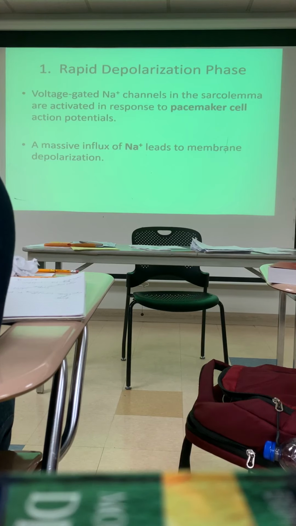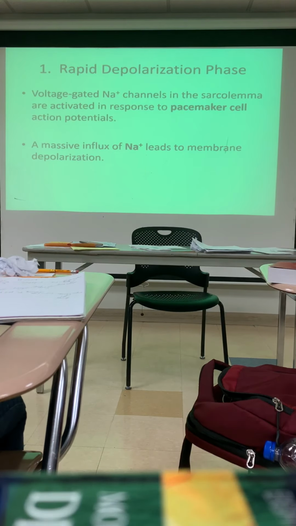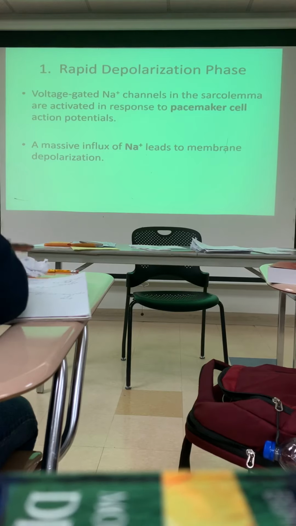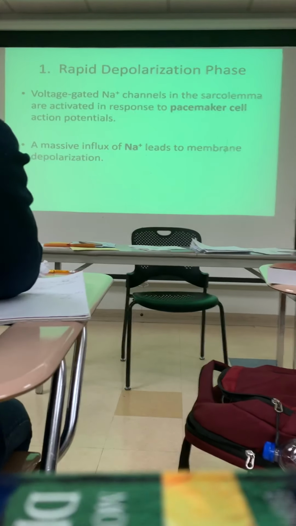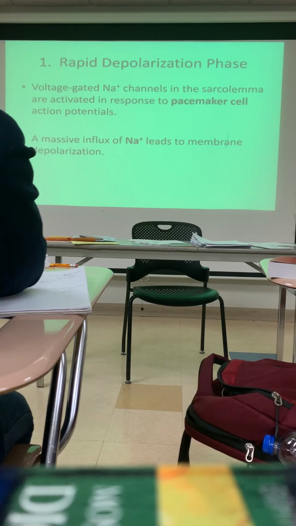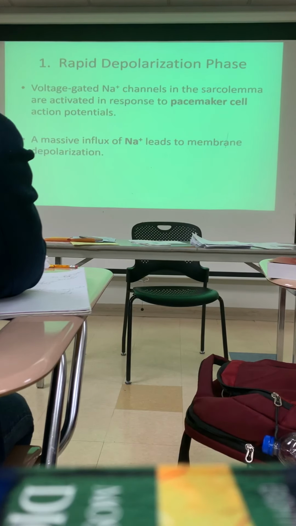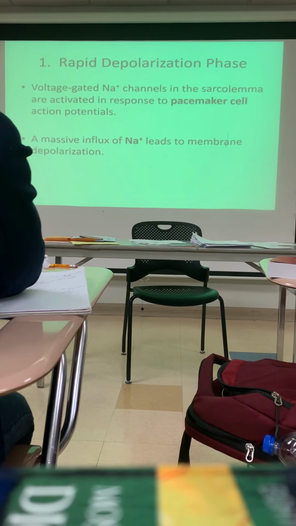The plateau phase exists because the blood in the heart goes from one chamber to the other, so it allows the blood flow to pass by the valves in a slow manner. At the same time, calcium also gets out very slowly, so that there is time for the right and the left chambers to wait for the flow of blood, and at the same time, there has to be no tetany.